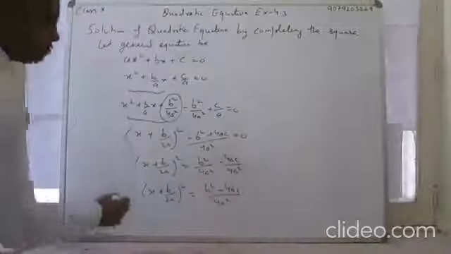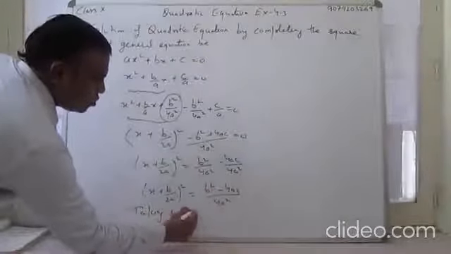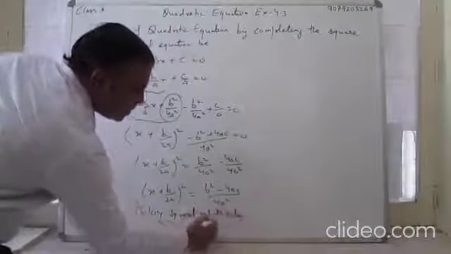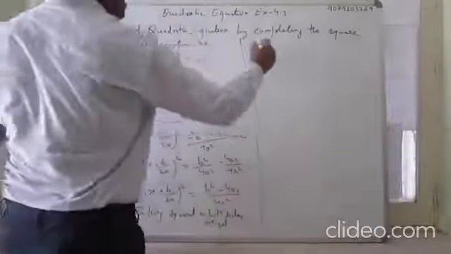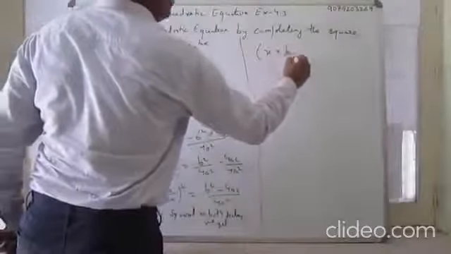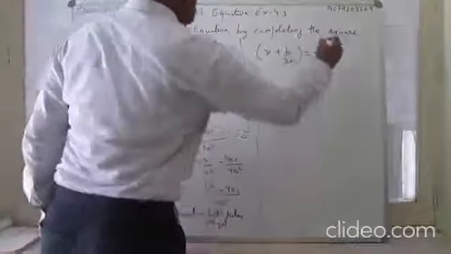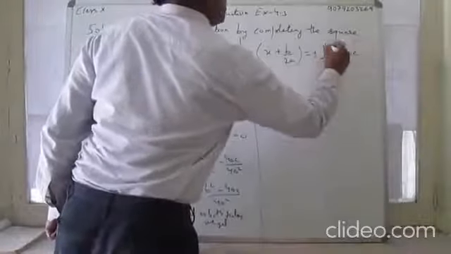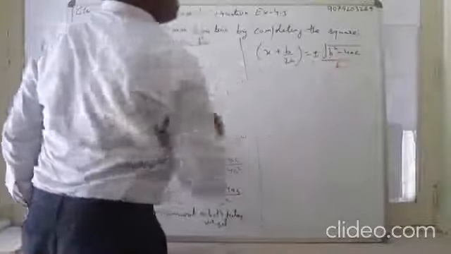Taking square root on both sides, we get x plus b upon 2a is equal to plus minus under root b square minus 4ac upon square root of 4a square, that is 2a.